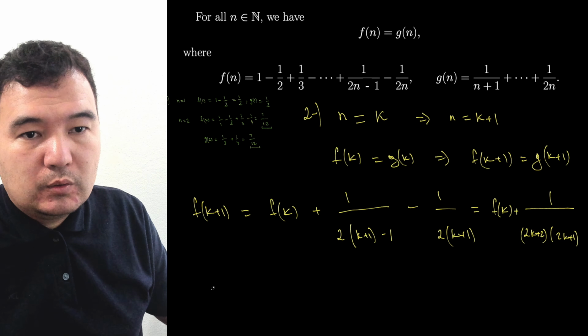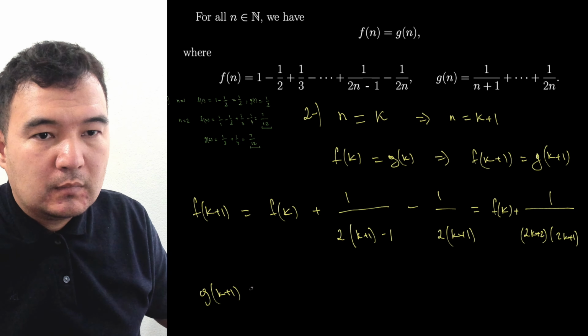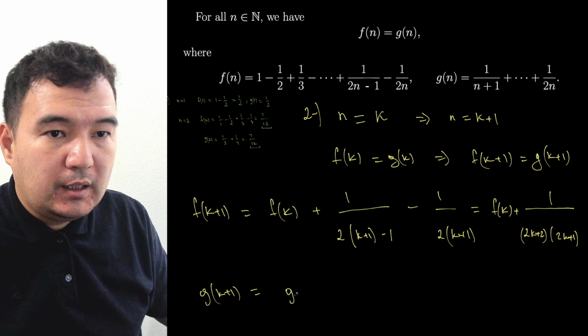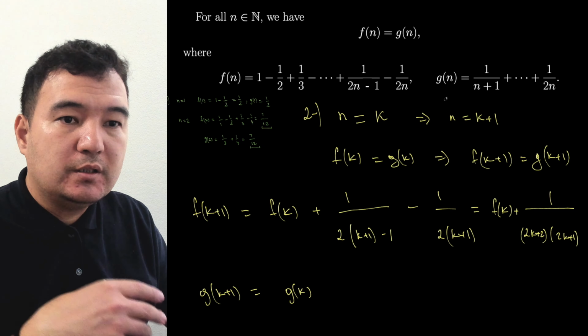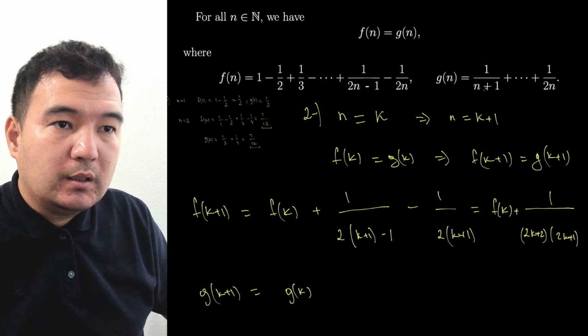If we go to g of k plus 1, it's a very similar thing. So it's going to be g of k, and then what's the difference between gk and gk plus 1? So gk starts from 1 over k plus 1.